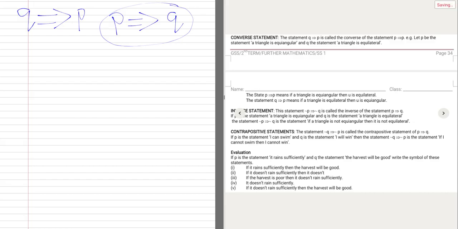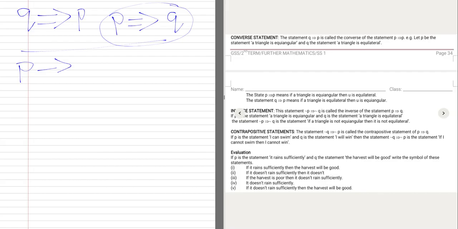It says if P is conditional to Q, then Q is also conditional to P. Now we have an example: a triangle is equiangular. So we say let P be the statement that the triangle is equiangular, and Q be the statement that a triangle is equilateral.